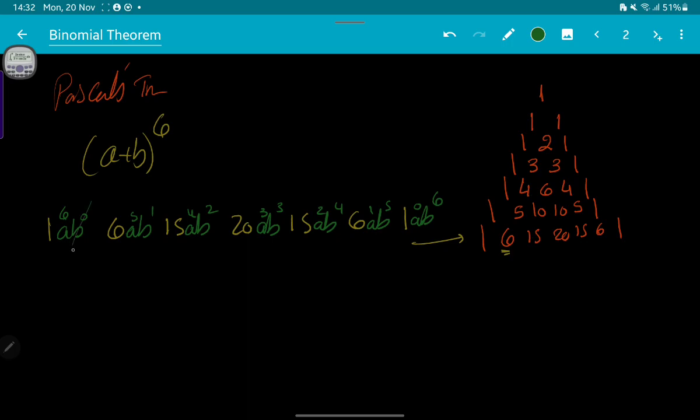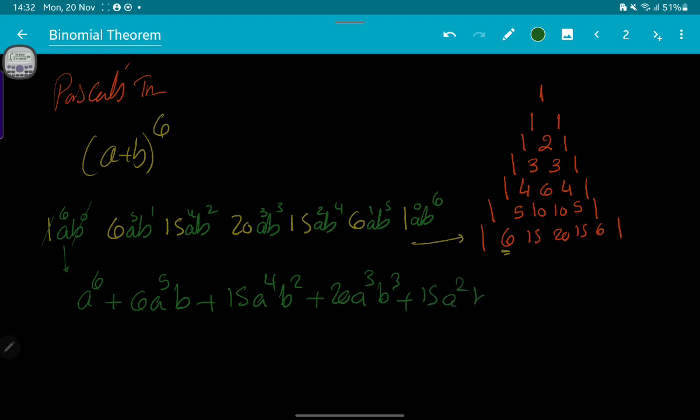Simplify with the power 0 is 1, so this answer will be a power 6, plus 6a power 5 b, 15a power 4 b power 2, 20a power 3 b power 3, 15a power 2 b power 4, 6a b power 5, then b power 6.